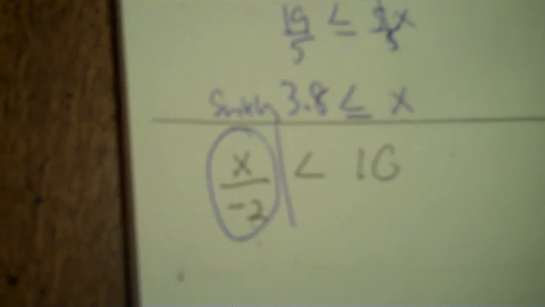Okay, next one, x divided by -2 is less than 10. You got one number there, the operation's division, so I circle division just like multiplication, okay? And if it's a negative, you switch it, that's a switch. Okay, you don't have a number outside to add or subtract, so you go after the -2.